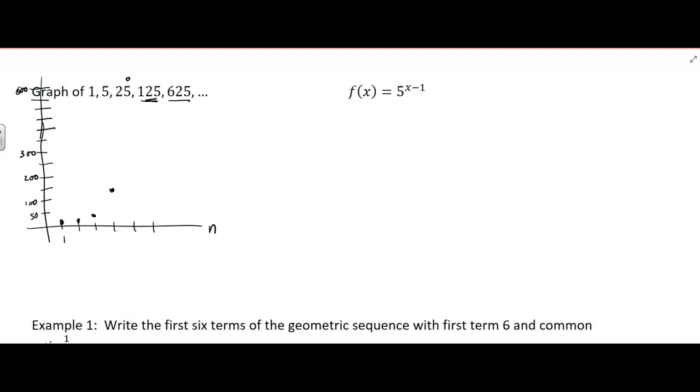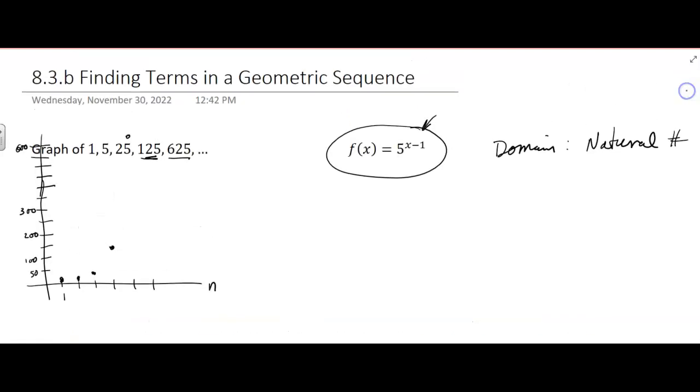We've seen exponential functions before. Now, it looks like this function here, although they're individual points, like we talked about in the other sequences that we graphed. Notice that we have x minus 1. That has to do with the fact that we're starting at the first term, where x is 1. The domain here is counting the natural numbers, so 1, 2, 3, and so on.